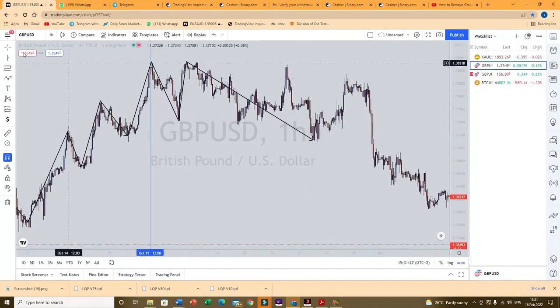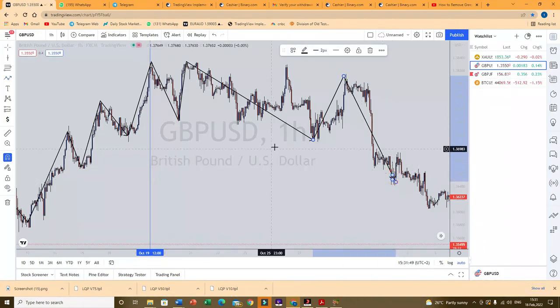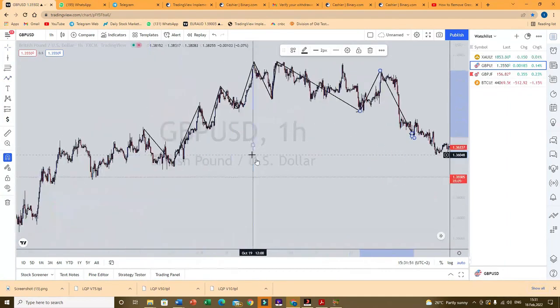So after breaking that previous low, what do we see? We wait for our price to return back to the structure. After returning back to the structure, we are now creating a lower high at this very point. So from this lower high, we now take our sell trades, then we'll go down. After this, we'll be creating a series of lower lows and lower highs.